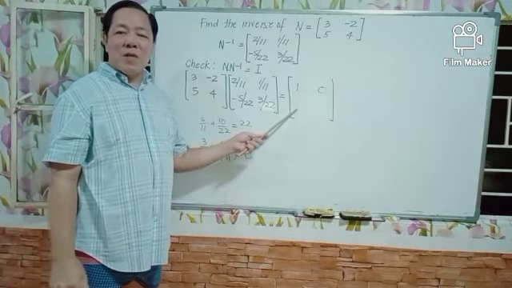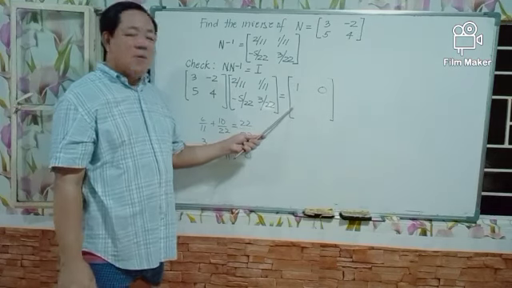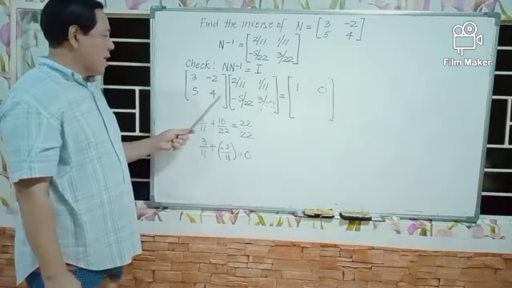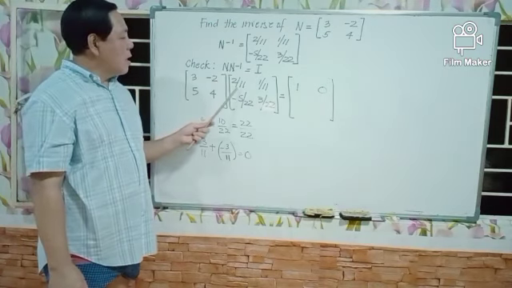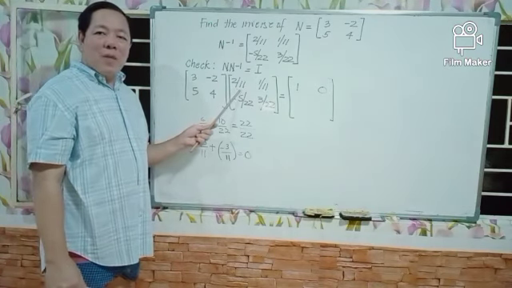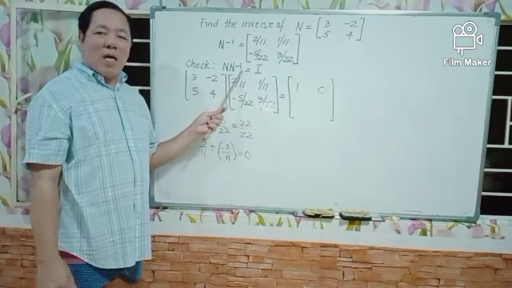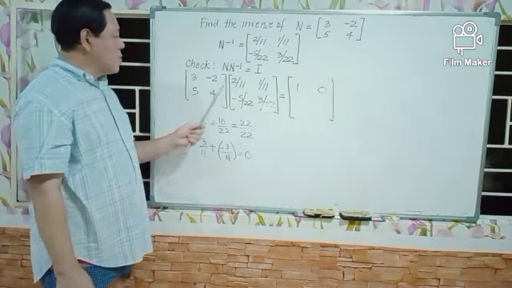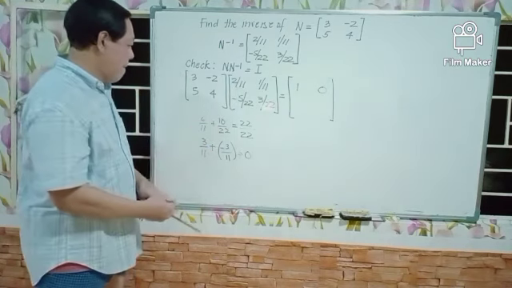For the entry of the second row, first column, we now multiply the entries of the second row of matrix N by the entries of the first column of matrix N to the minus 1, and we add the products. 5 multiplied by 2 over 11 is 10 over 11.